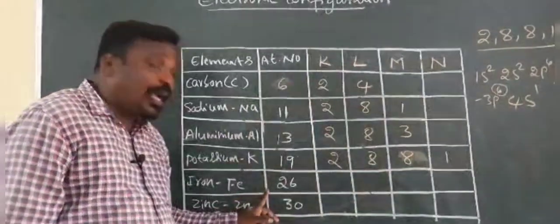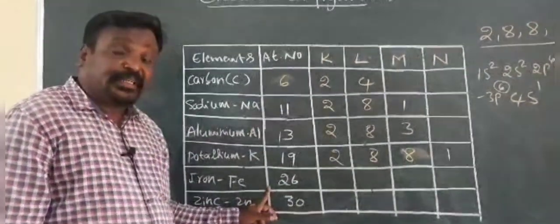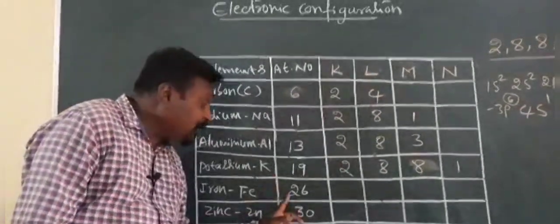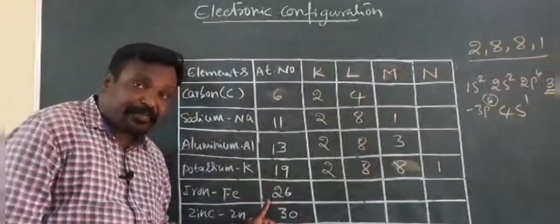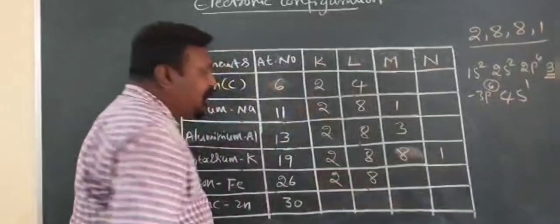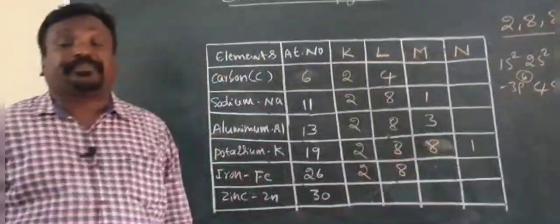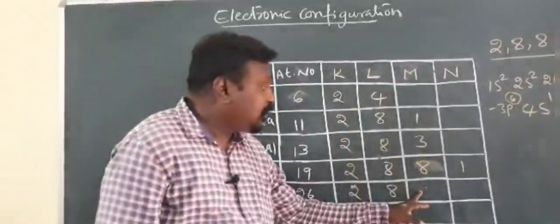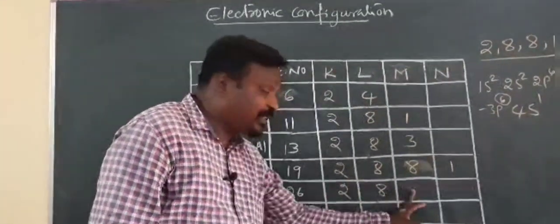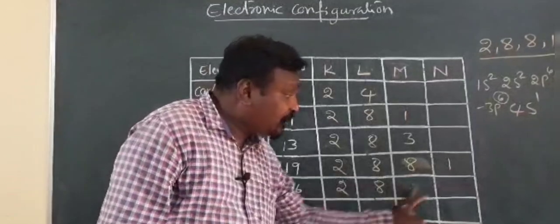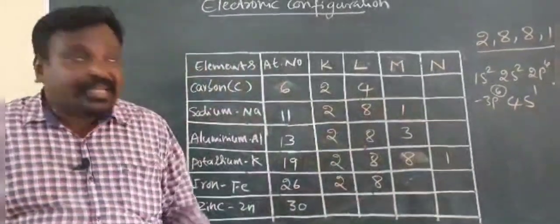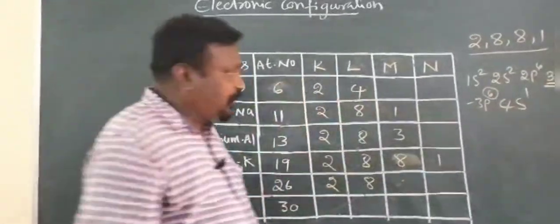Now, come to iron. See here, the atomic number is 26, right? Now, let us write 2, and of course, 8. Sir, is it 8 here? 10 plus 8 is 18. Will the rest of the electrons go here? No. Let us see how the electronic configuration will be.